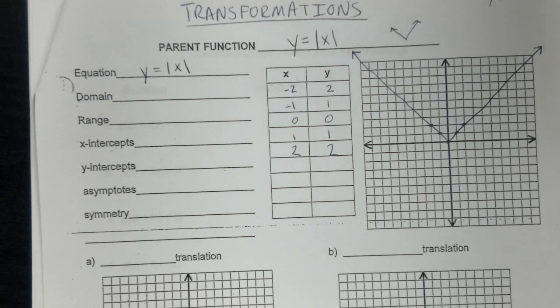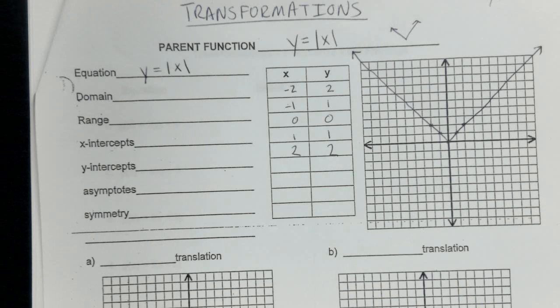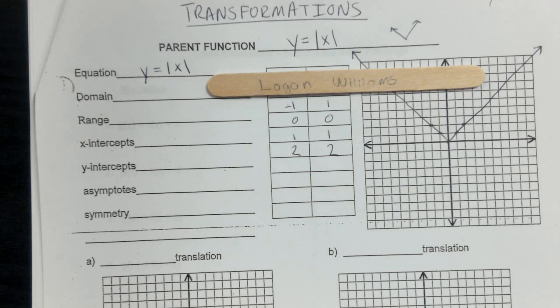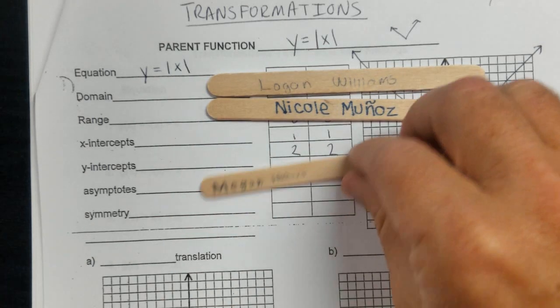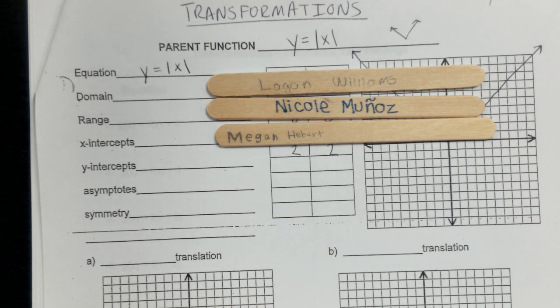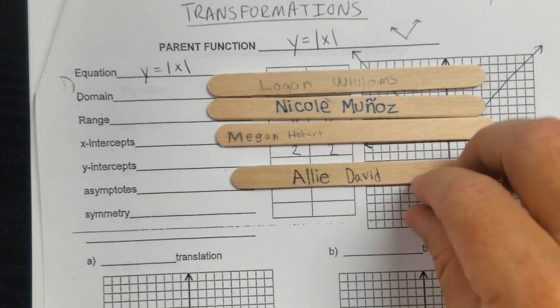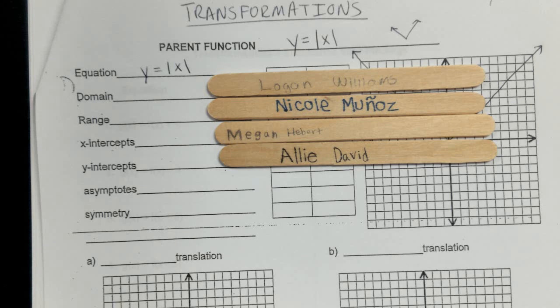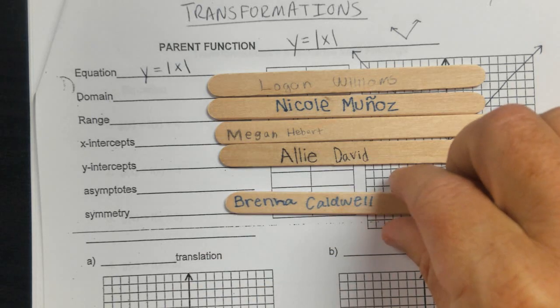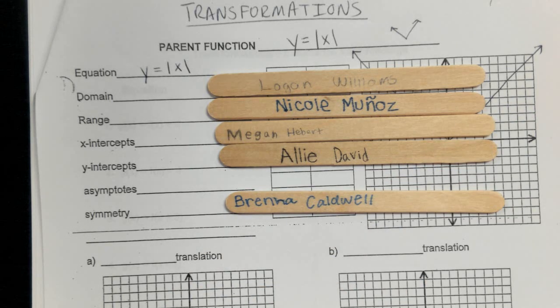Just as a recap, we could ask some of these other questions, like domain, range, x-intercepts, and y-intercepts. You guys know what asymptotes are? Nope. We'll skip that one then, and we'll jump to symmetry, even though we hadn't talked about symmetry either.